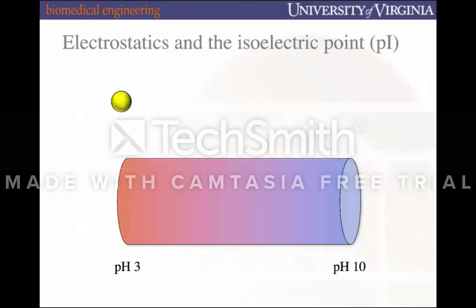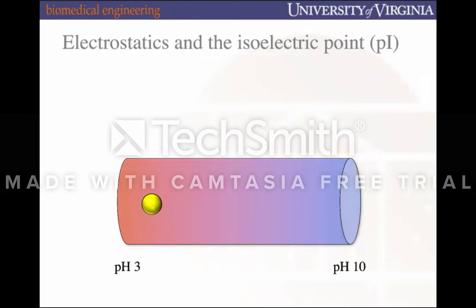So to help illustrate a little bit more about how electrostatics affect protein structure and function, I want you to imagine this little yellow tennis ball is a protein, and it's going to enter into this jar that has a spectrum of pHs.